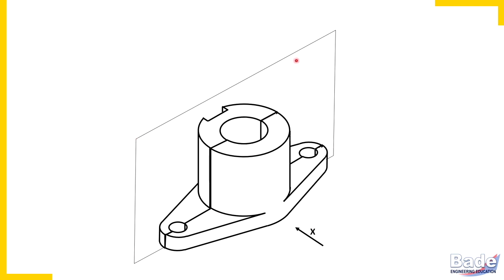Now sectional views are special purpose views. Because we want to show internal details of the object in our drawing, we have taken this cut. Now imagine the observer is watching in this direction from front and he wants to see internal details. The portion nearer to the observer must be removed.